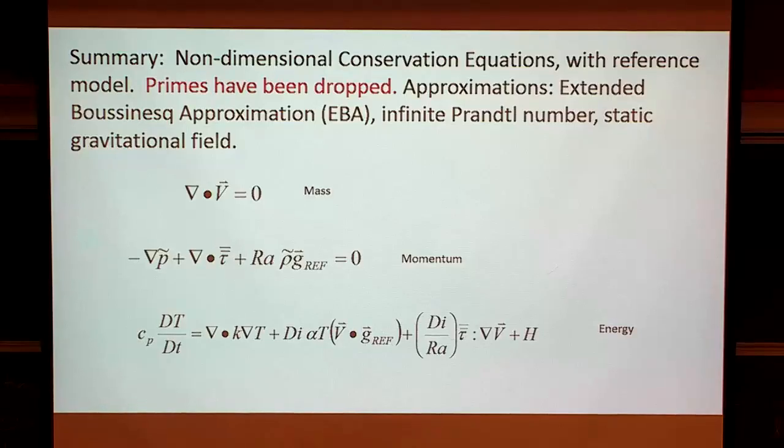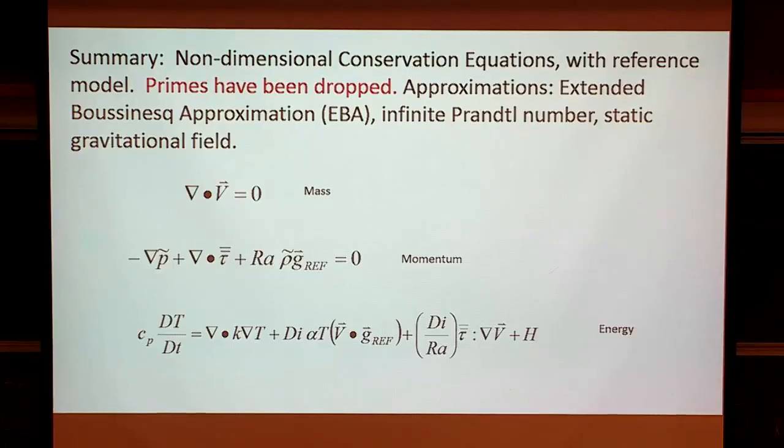Another way you could say it is, often it's an issue of scale height, right? People talk about how much density changes as you go through depth. If the density variation is small, a small number of scale heights, then Boussinesq is probably okay. I think in the mantle it's not too bad, right? It's maybe a factor of 60% more than the scale height or less than the scale height, so it's a reasonable approximation.